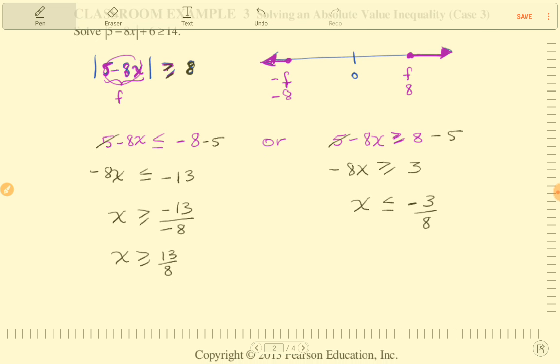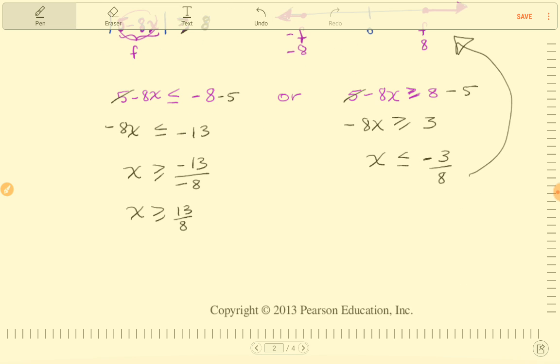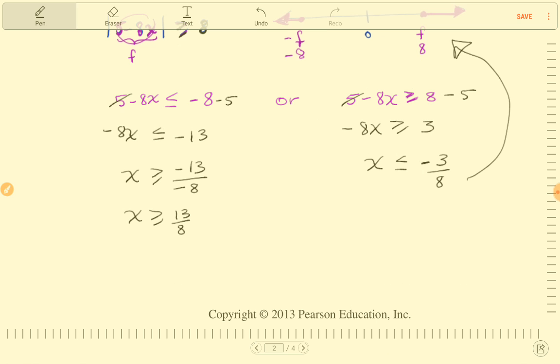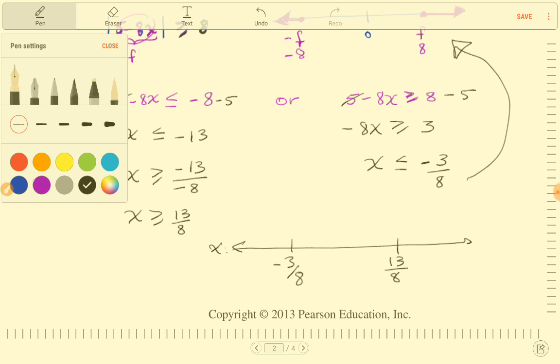All right, so now I'm not going to put those on this number line at all. I'm going to make a new number line, because that number line represents the quantity 5 minus 8x, or f as I named it earlier. So I'm going to start a new number line down here for x, and I'm going to put the negative 3/8 over here and the positive 13/8 over here. Let me use light blue.